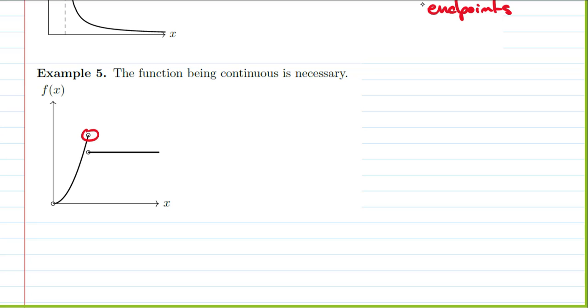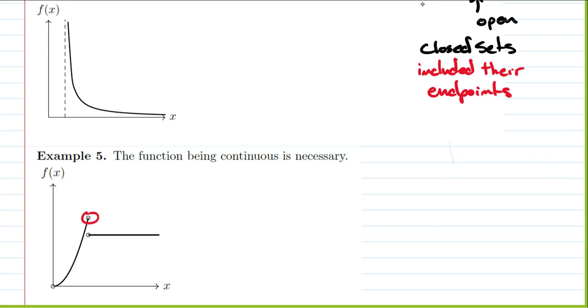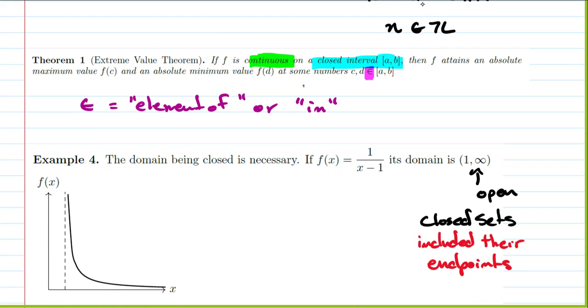If a function is not continuous, then we are not guaranteed to have absolute maxes and mins. So for the extreme value theorem to apply, the function f must be continuous, and the domain in question must be a closed interval. If that is the case, then f obtains an absolute maximum and an absolute minimum on that interval.